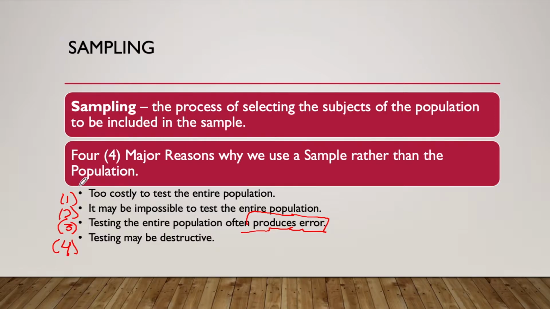These are the four major reasons to use a sample. Of course, there are far more reasons, like you don't have the manpower, you don't have enough energy, or you don't have enough time if your project or thesis is time bound.